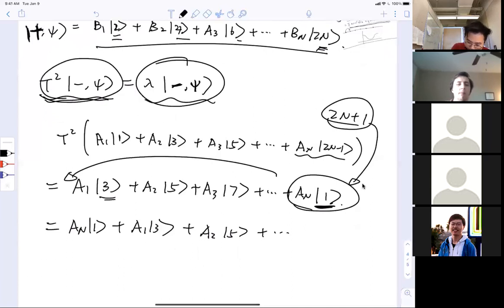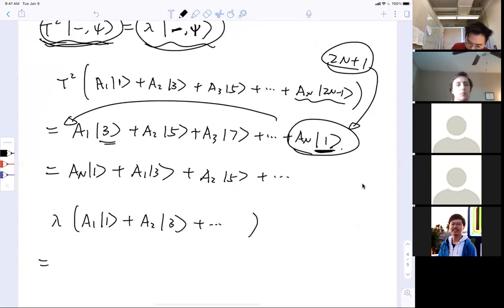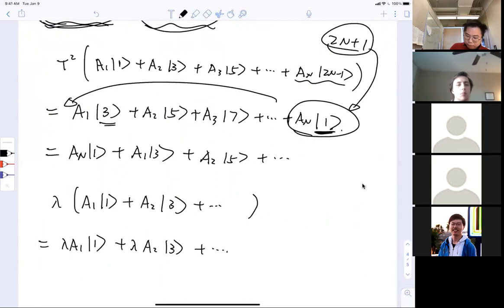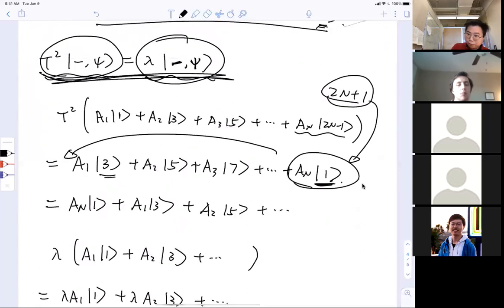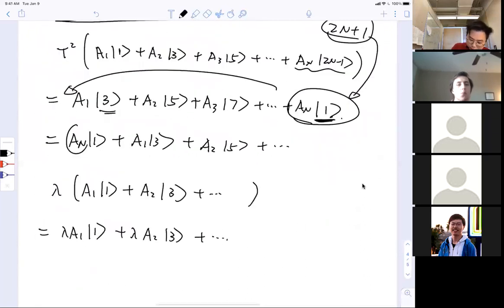The right-hand side is lambda times A1 plus this, which is lambda A1, 1 plus lambda A2, 3 plus this. So if we want this to be true, the coefficients must be the same.